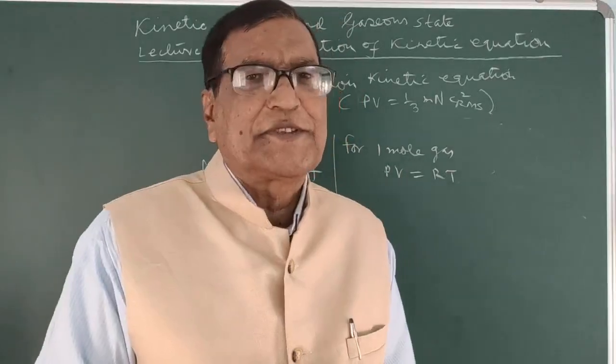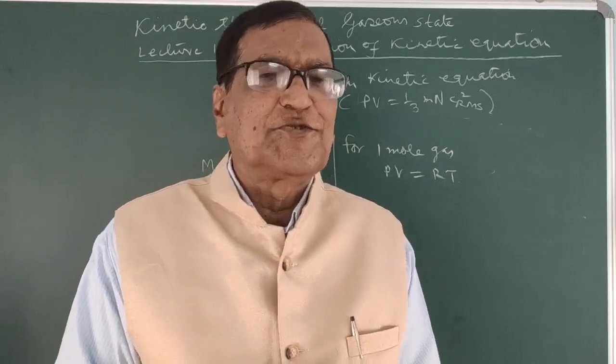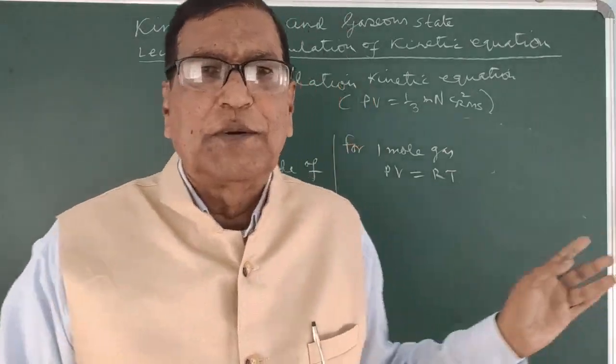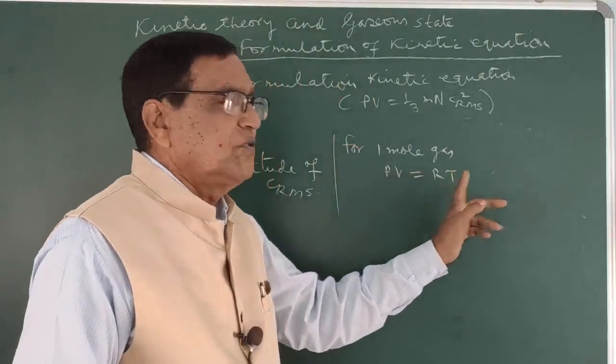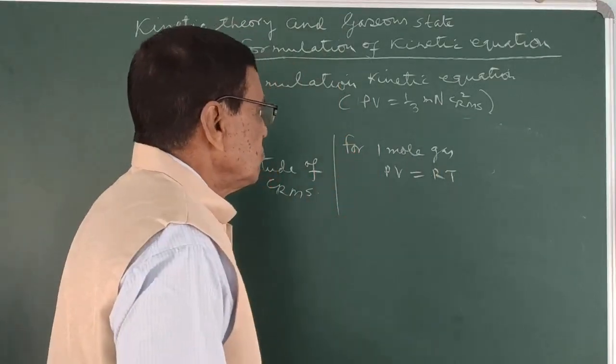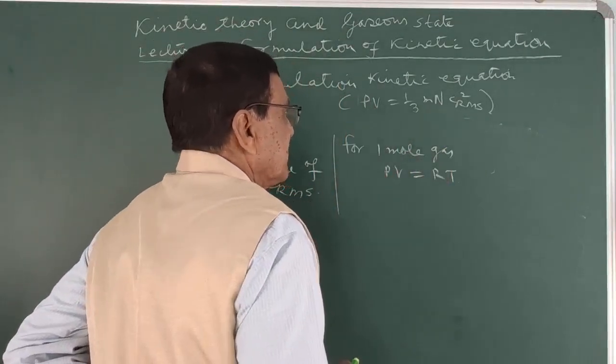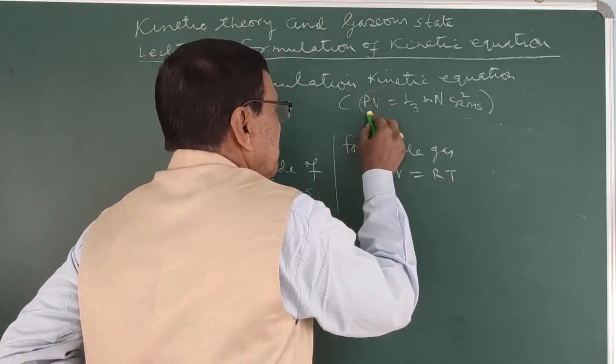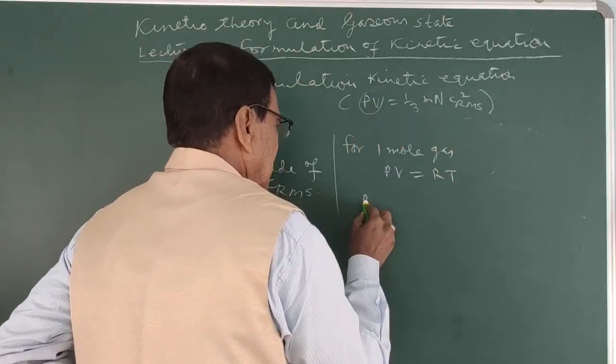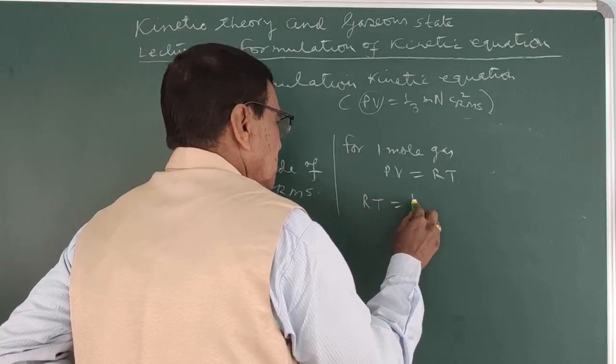These are the assumptions of this ideal gas. So this ideal gas equation is applied for 1 mole, and this is PV equal to RT.